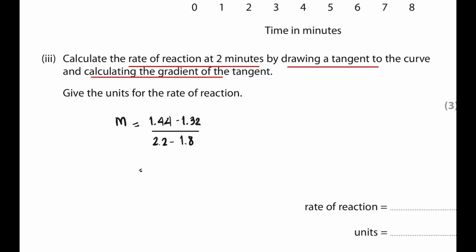So we will have 1.44 minus 1.32, which is 0.12, divided by 2.2 minus 1.8, which is 0.4. So 0.12 divided by 0.4 is 0.3. That's it.